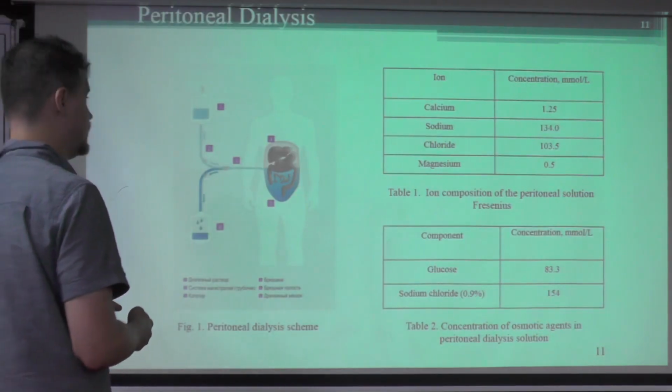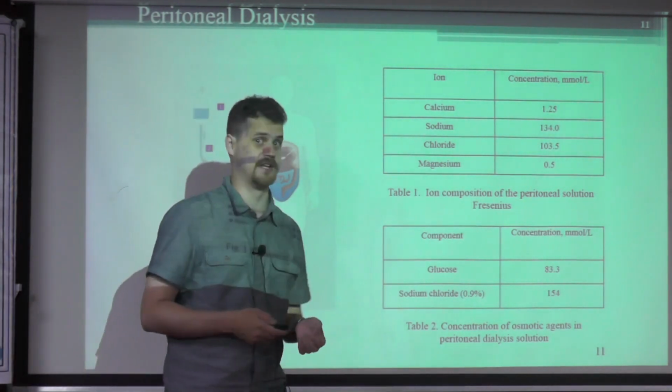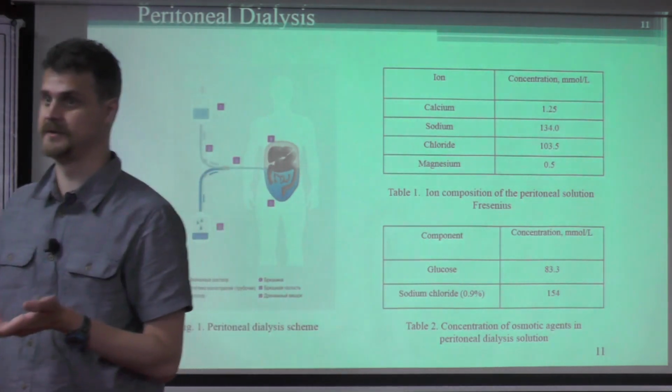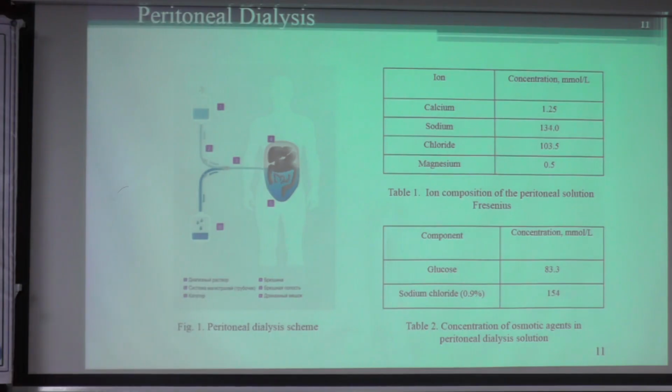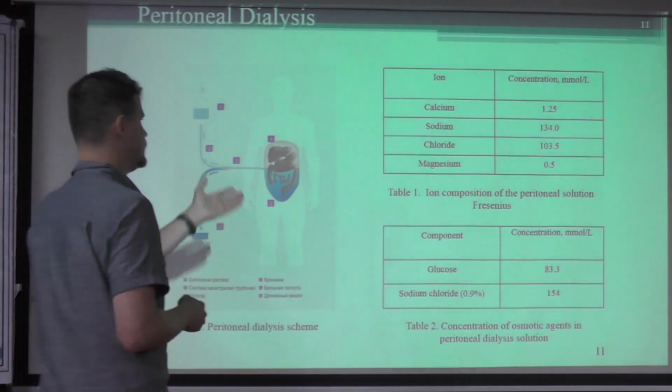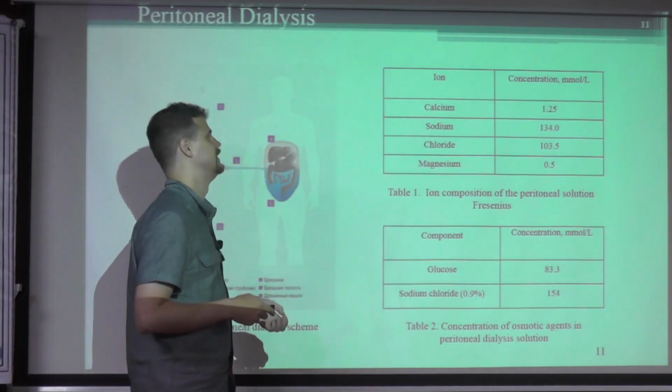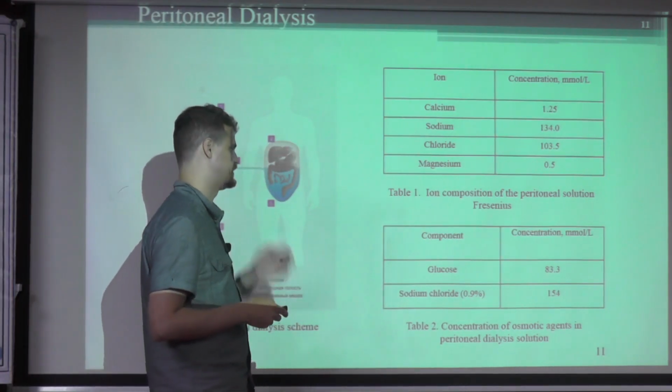Yeah, in terms of peritoneal dialysis, as we mentioned before, we need to create a specific ultrafiltration flow that we control by introducing an osmotic agent that creates a gradient of osmotic pressure. So this is basically a typical composition of many types of peritoneal solution.